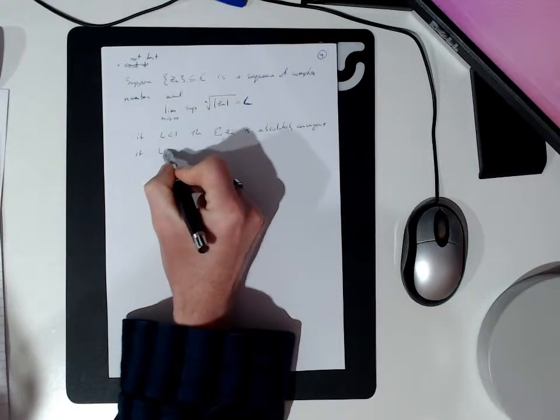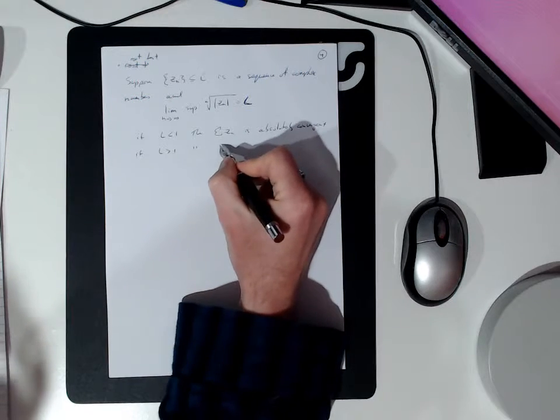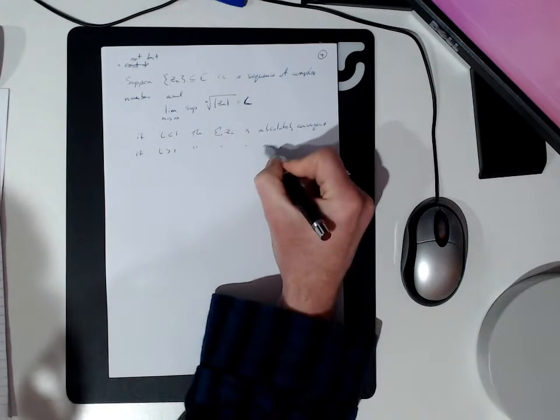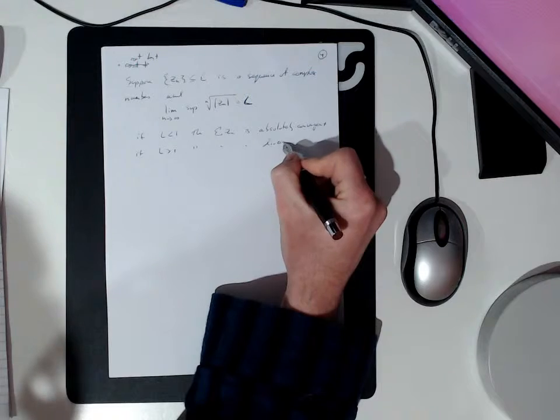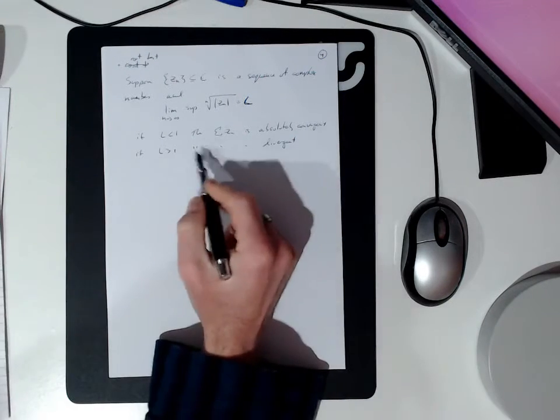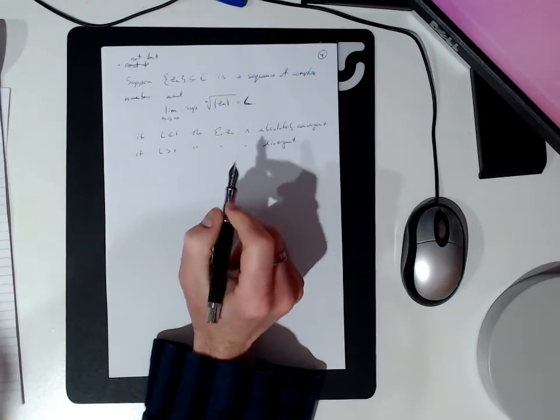And if L is greater than 1, then the sum is divergent. And as usual, we don't know what happens when L is equal to 1.